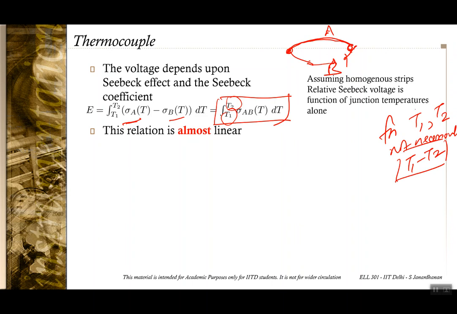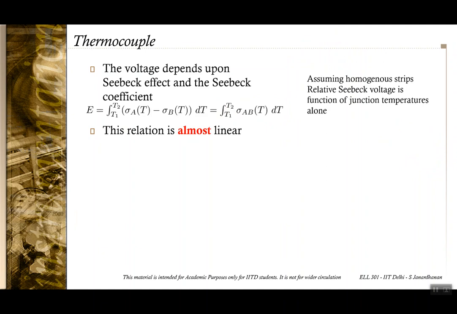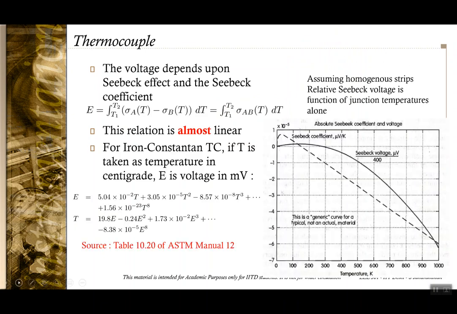The EMF is a function of the actual temperature of the two ends. And if we look at the data tables, what we found is this relationship is almost constant.